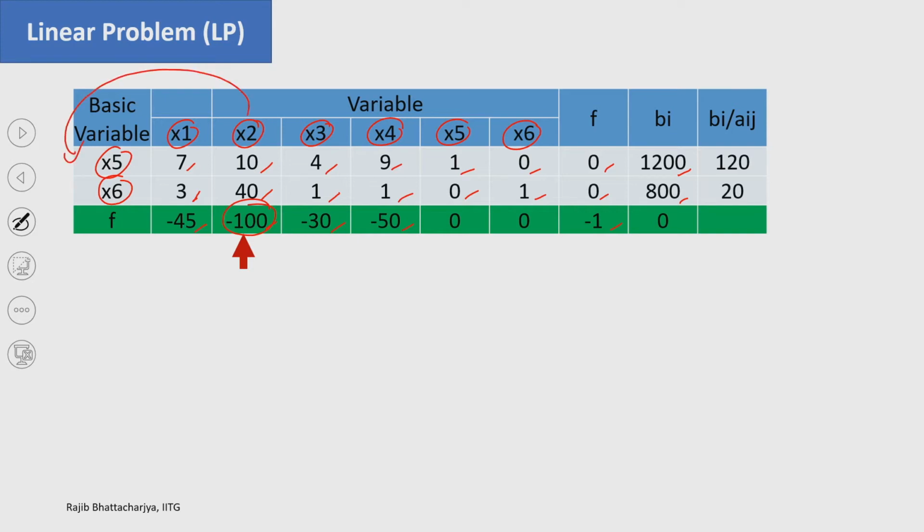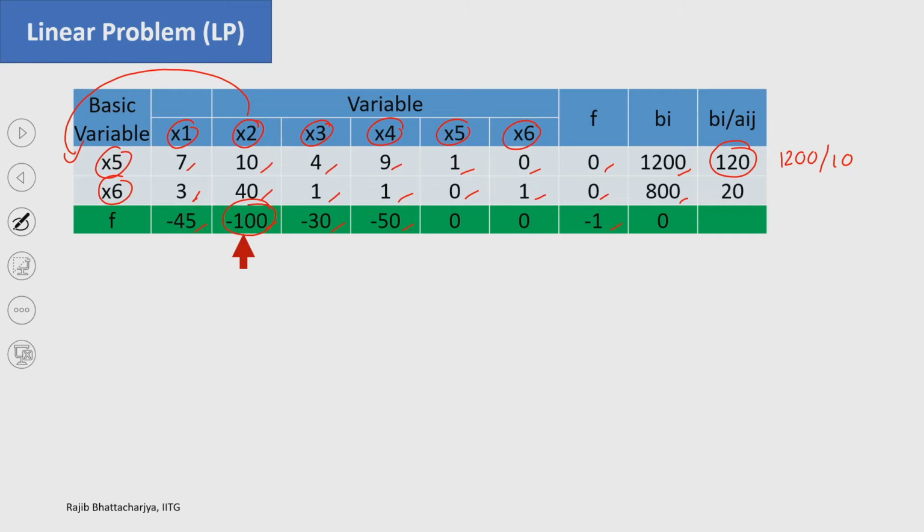Now, the question is which will come out of the basis, whether x5 or x6. So, I have to look at the b by a_ij ratio, and this is 1200 divided by 10.